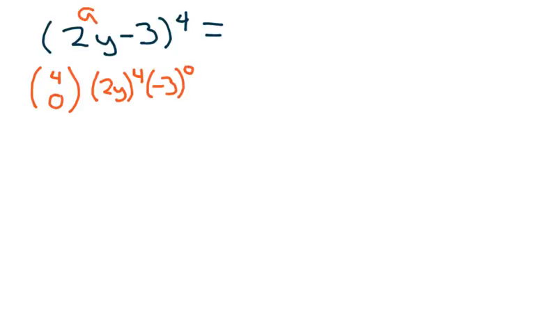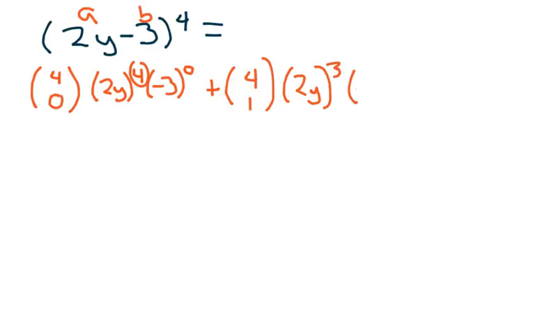This is your A, and this is your B. Plus 4, 1. So that's 2y, and you go down 1. We started at 4, so you're going down 1 to cube, or 3. And negative 3 to the 0.